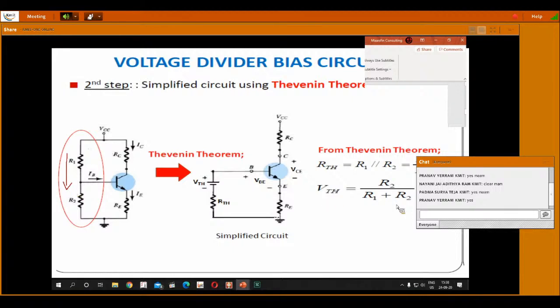VCC divided by the total resistance R1 plus R2, let me treat that as I2, into R2. So this is equal to VCC divided by R1 plus R2 into R2. Hence it is equal to R2 by R1 plus R2 into VCC. Now I am replacing this total circuit with a Thevenin equivalent voltage in series with a Thevenin resistance.